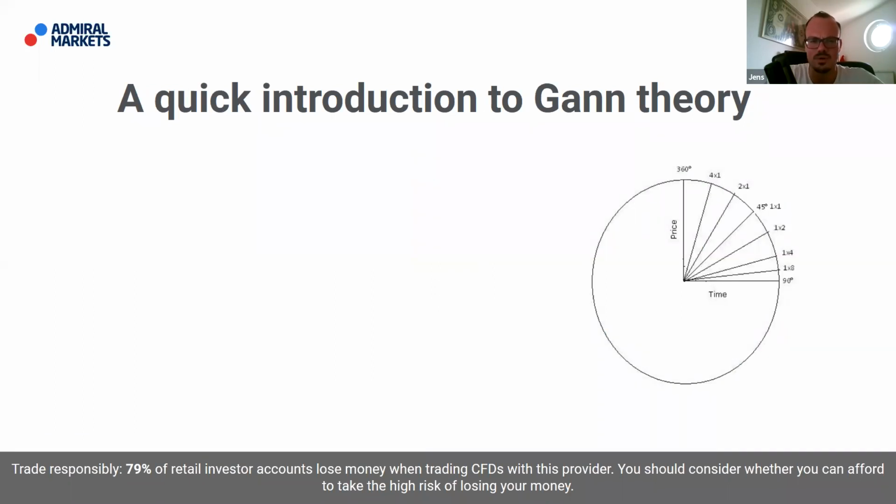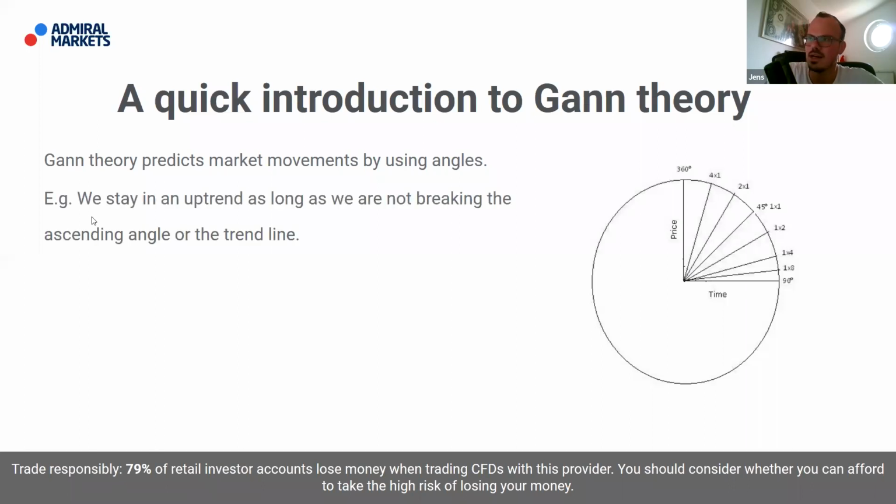I think that's a fair way to put it. So what does Gann do, in fact? Gann theory predicts market movements by using angles, and that's something you can already see here. So what Gann says is we stay in an uptrend as long as we are not breaking the ascending angle or the trend line, which is not such a big surprise.